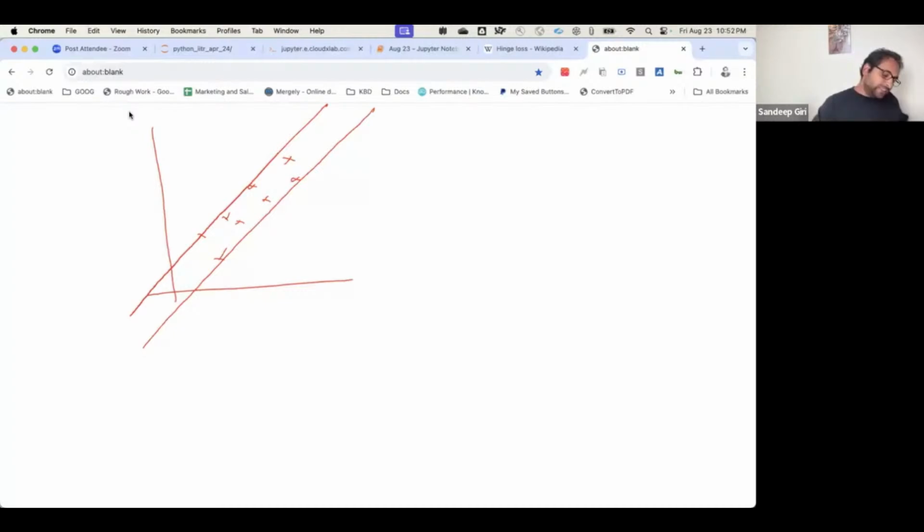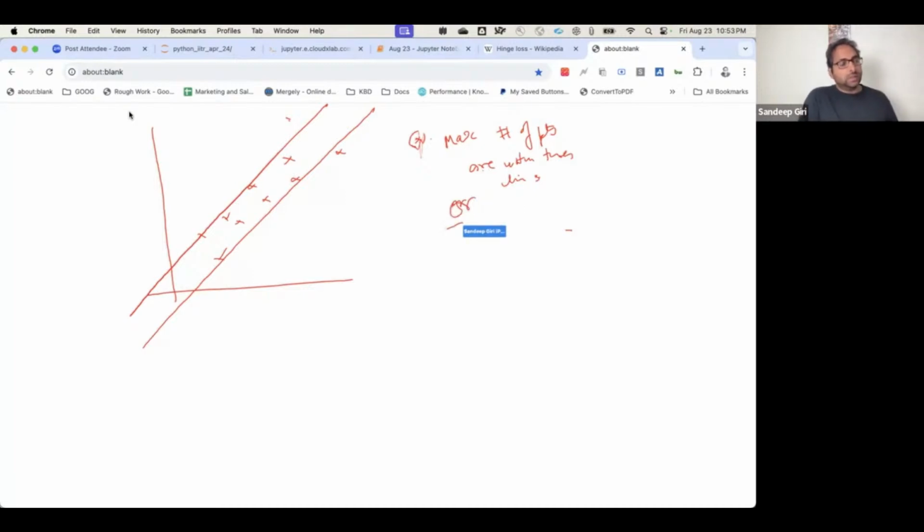As far as possible, keep all the data points inside, except maybe one or two outliers could go outside these lines. So we have two objectives. Draw the two lines such that the maximum number of points are within these lines.